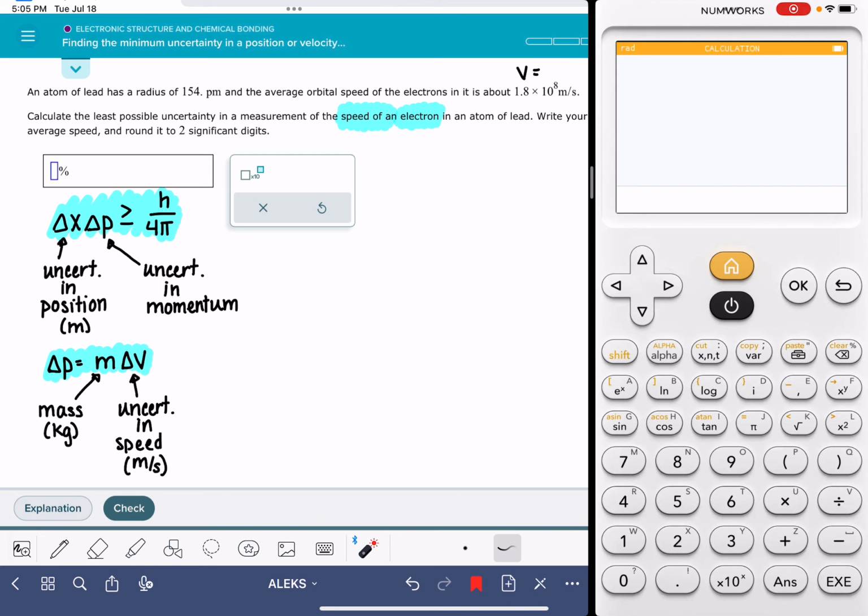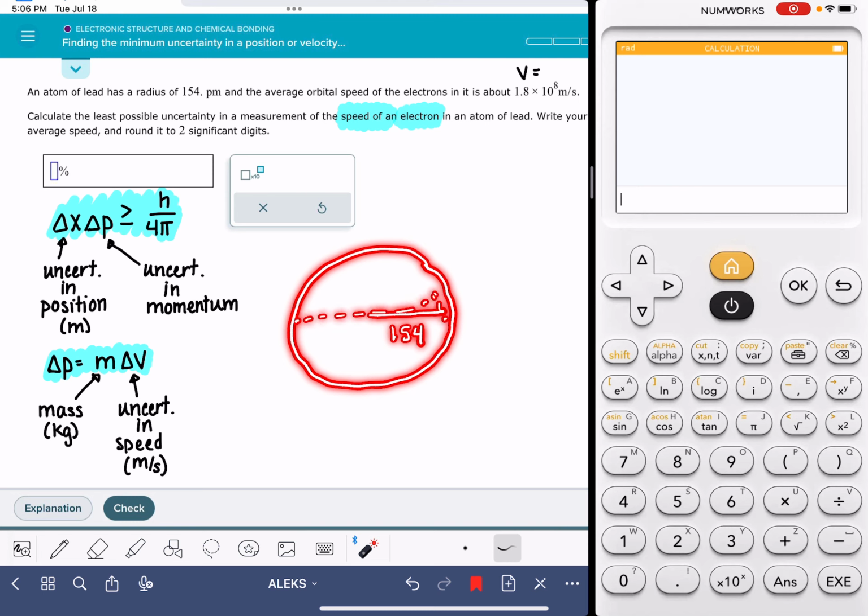The other thing that's been given to us is the radius of this particular atom, which is actually really important. In this problem, it's telling us that we've got this particular atom that has a radius of 154 picometers, and the electron is somewhere inside this radius. So the electron's position is somewhere in this area, and we're going to refer to that as its uncertainty in position, meaning that we know that it's in there somewhere, but we're not certain about where exactly it is.